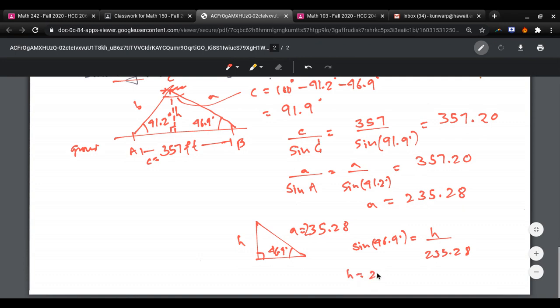So h is 235.28 times sine of 46.9 degrees, which comes out to 171.80 meters. So that's how high the airplane is.